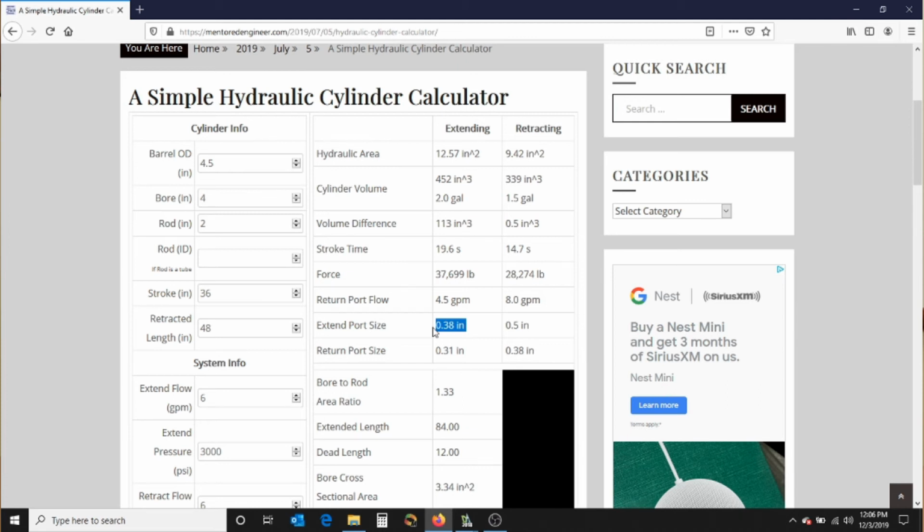Our retracting. So what we want to do is pick the bigger one for each one. So on our extend port, while we're retracting, we should have at least a 1/2 inch port there. And we also want to have a 3/8 port on the retraction side here.